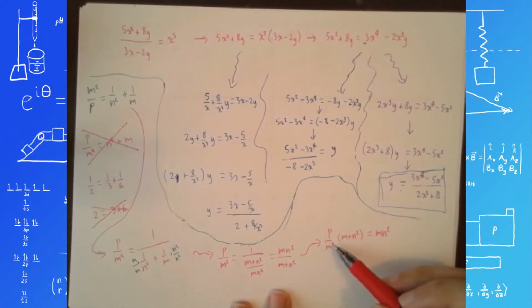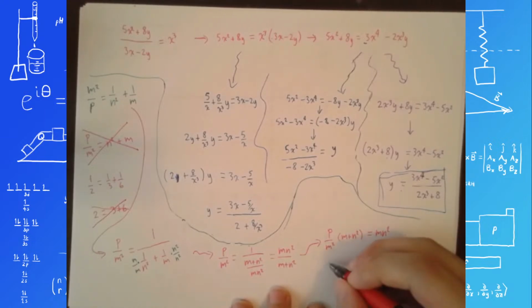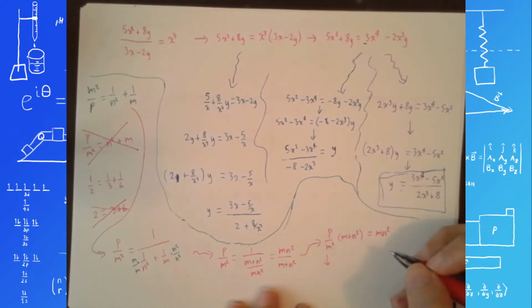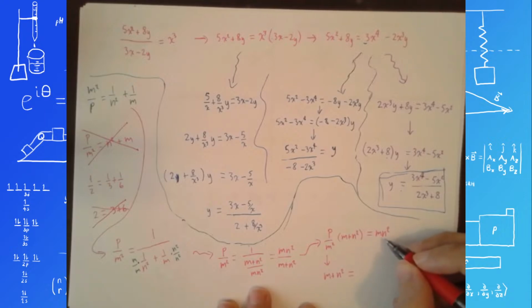And instead of distributing and making this even more of a headache, I'm just going to multiply both sides by m squared over p. And that will get me m plus n squared equals, if I multiply by m squared over p, that's becoming m cubed over p times n squared.